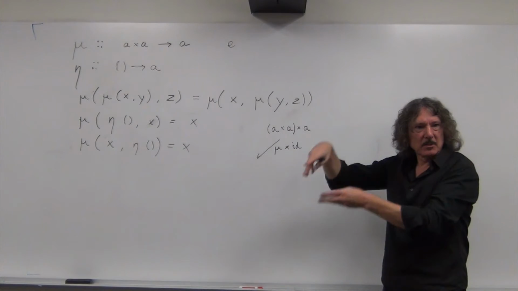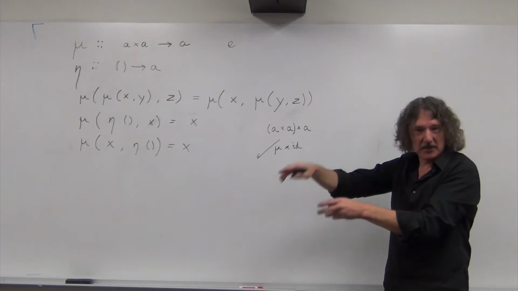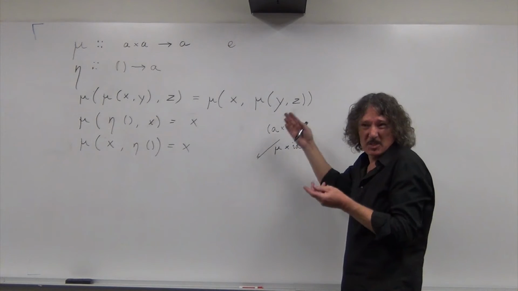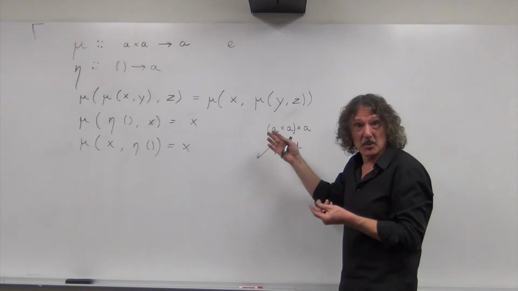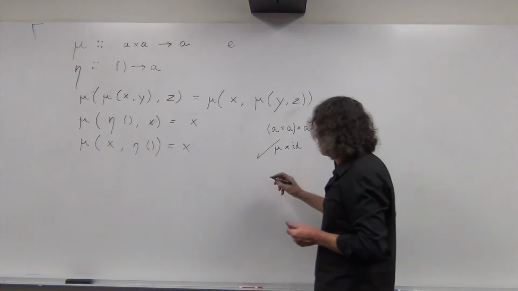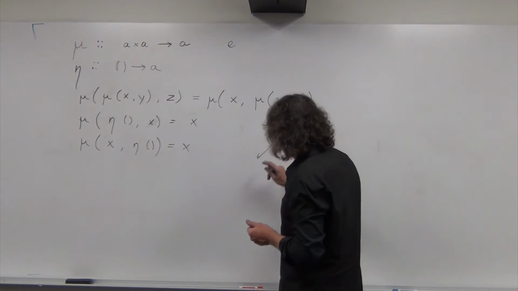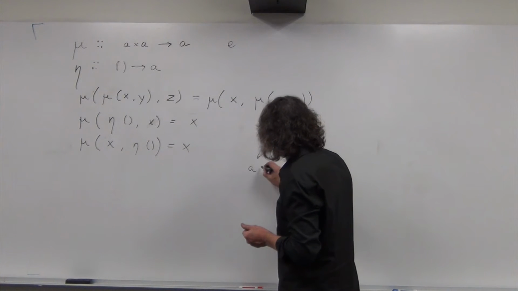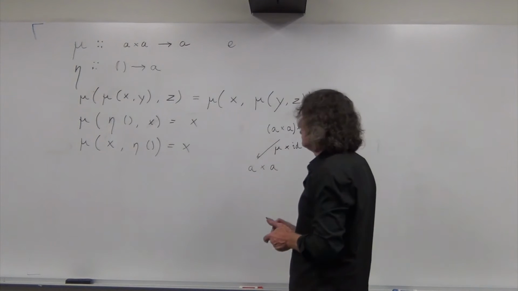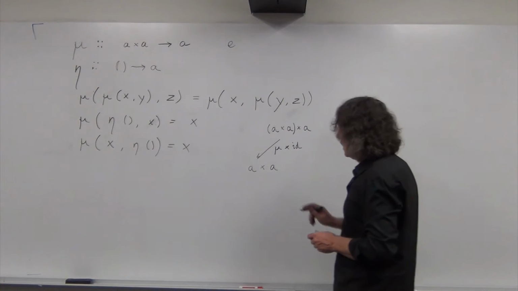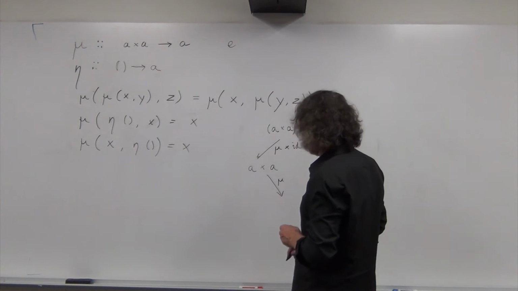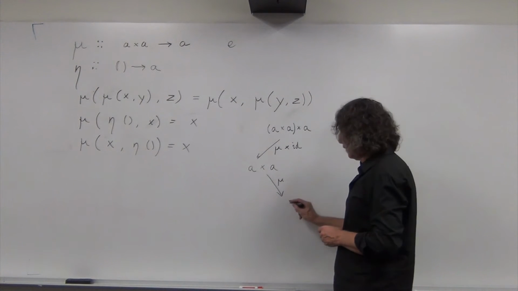So we are using two morphisms as a pair, or more generally as a product. A product of two morphisms acting on a product of two objects. So mu acting on A cross A will produce A, and identity acting on A will produce A. Now we can act with just mu on this, and we'll get A.